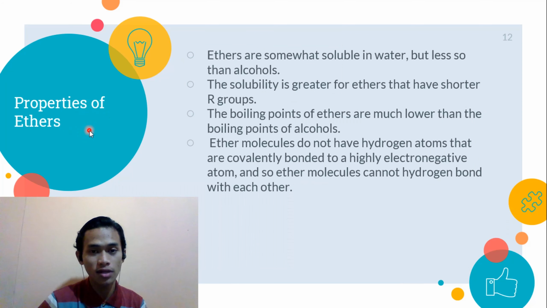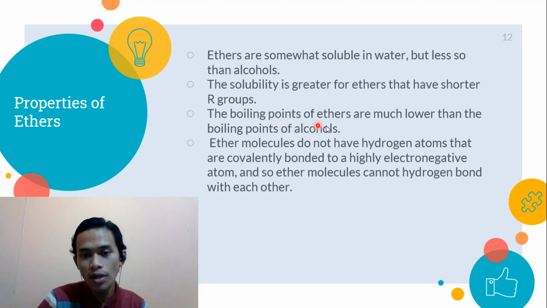Properties of ethers. Ethers are somewhat soluble in water, but less so than alcohol. Second, the solubility is greater for ethers that have shorter R groups. Dimethyl ether has shorter R groups than diisopropyl ether, so dimethyl ether has greater solubility than diisopropyl ether.